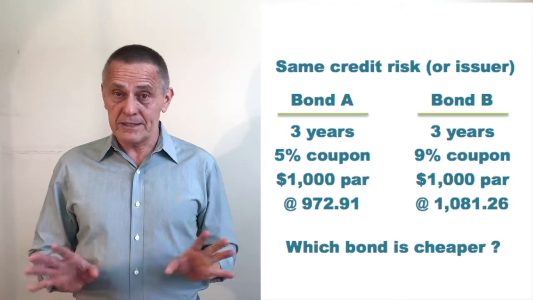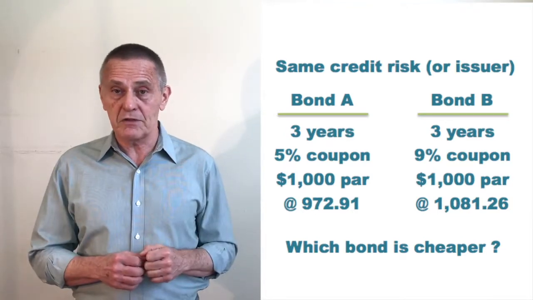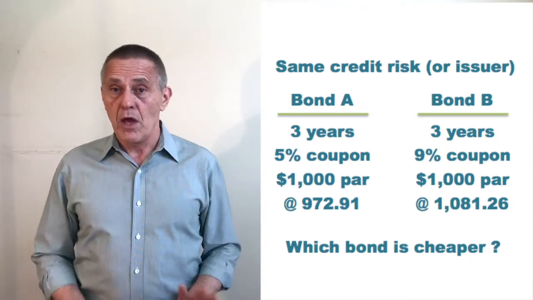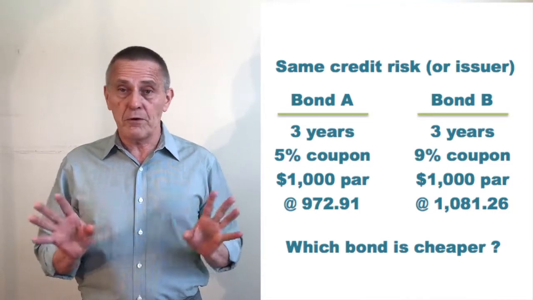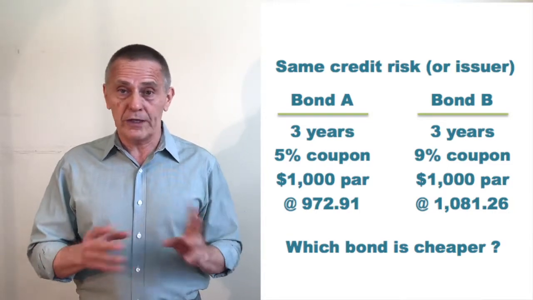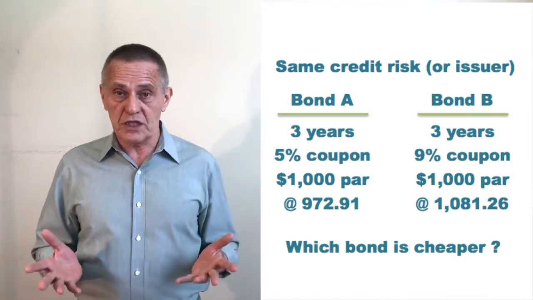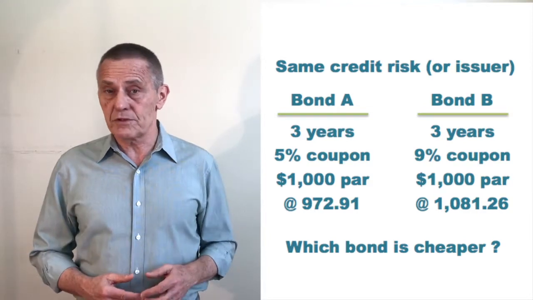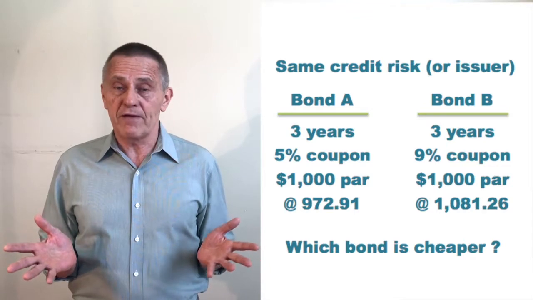And similarly, in such a conversation, rich would not mean 1081 is more than 972, or 1081 is a premium to par. So when bond traders or bond portfolio managers or analysts are talking to one another and they're discussing whether a bond is rich or cheap, they're not talking about the relative market price of one bond versus another, or the market price relative to a bond's par value.